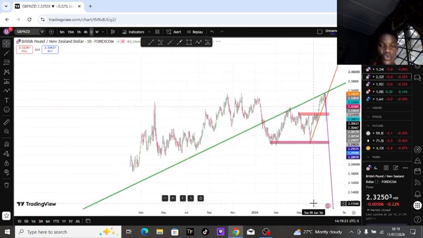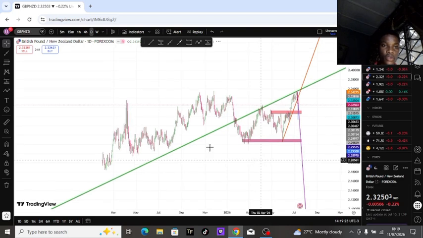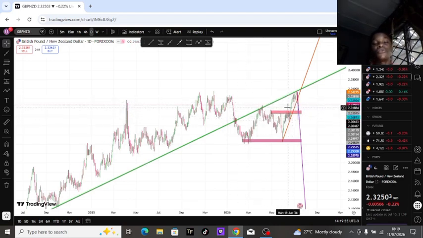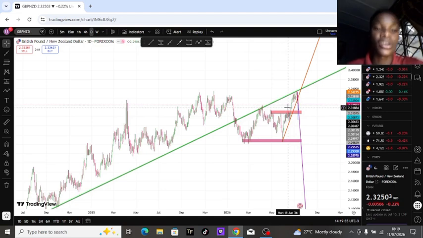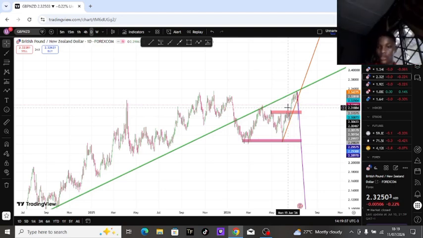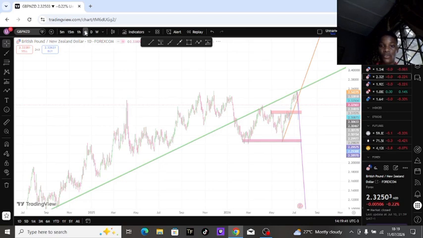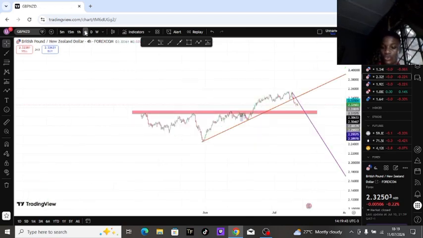If you can see, we were longing before, then we got a fake out right here. This is a weekly fake out, so it's going to be bigger than the 15 minutes or 1 hour or 4 hour fake out. So this fake out right here on the weekly time frame, then move on to the daily time frame.